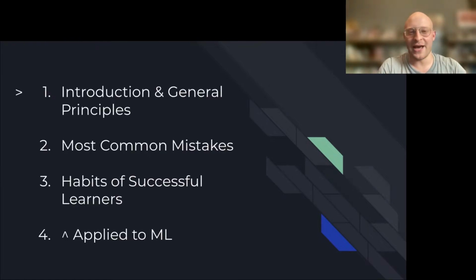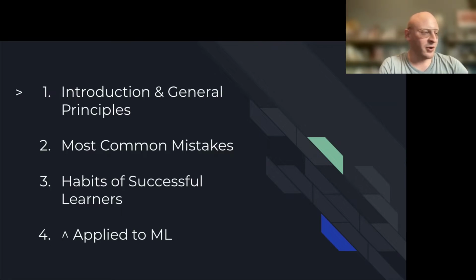So that being said, this talk is going to be broken down into four rough sections, of which we are in the first. We're going to start out by introducing the talk and giving some general principles that are going to be useful throughout. Then we're going to talk about some of the common mistakes that are made by people getting started with machine learning, as well as getting started on basically any motivation-demanding endeavor.